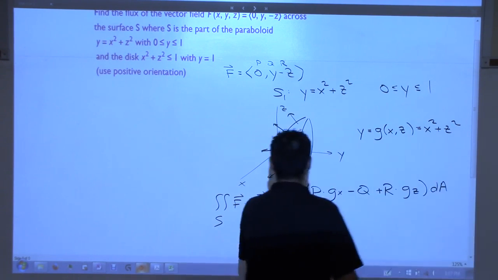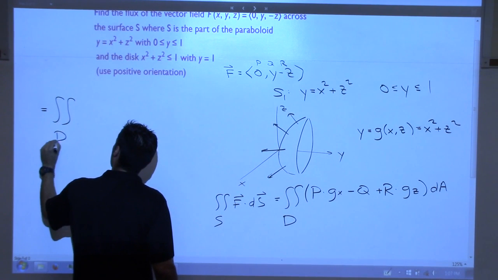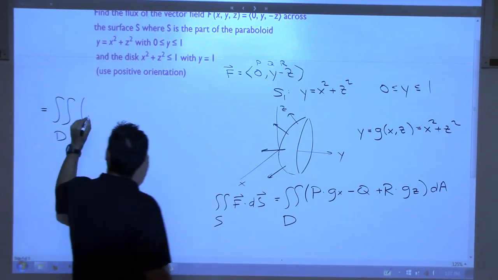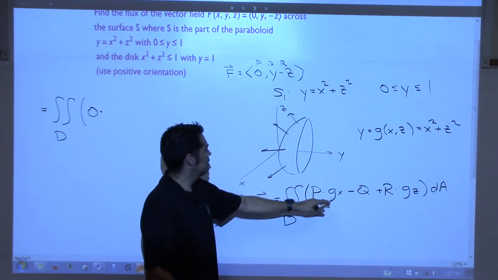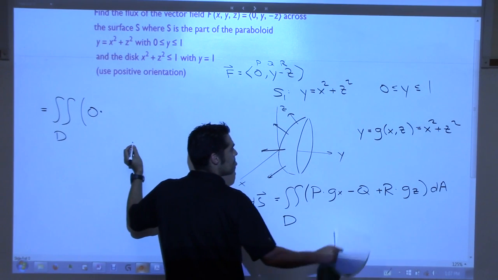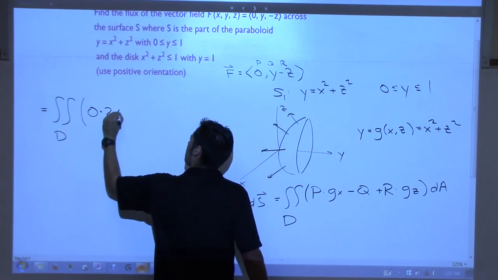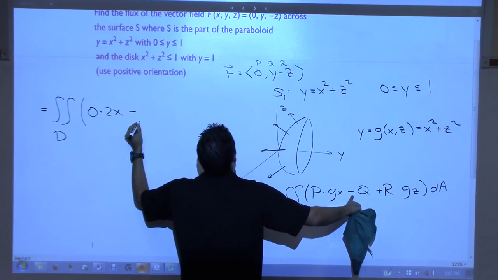All right, so this should become equal to the double integral over D of, what's P? 0, that's nice. 0 times, and just for fun, what's the partial of g with respect to x? 2x, that's what it would have been. Minus Q, what's Q?